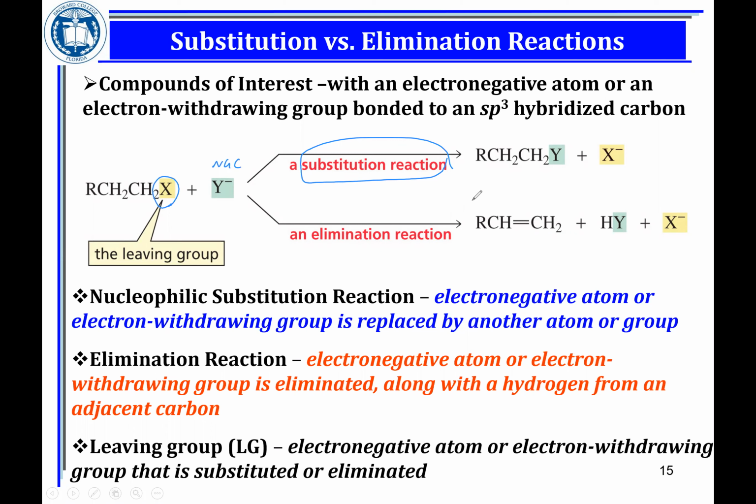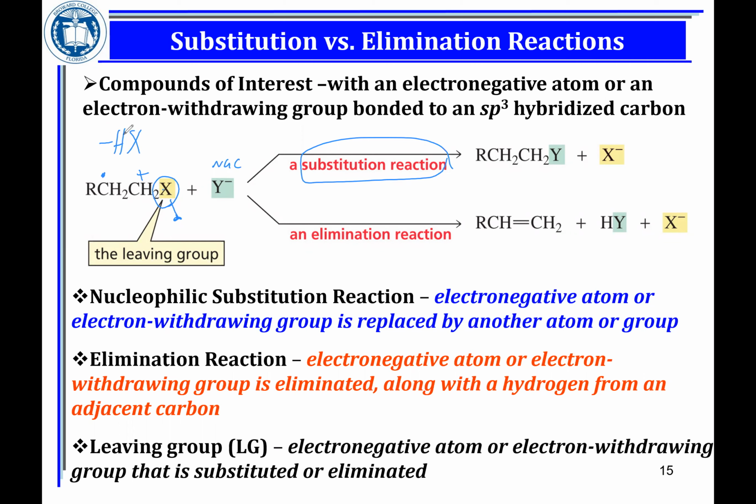In elimination, the halide leaves as a leaving group. You get a carbocation, and the carbocation is unstable. To stabilize the carbocation, you remove a hydrogen from the adjacent carbon, so it's basically minus H and X.